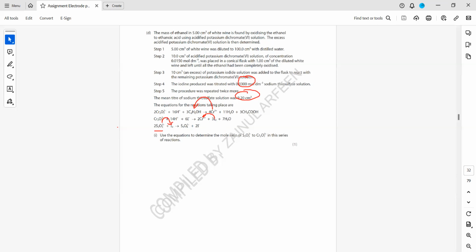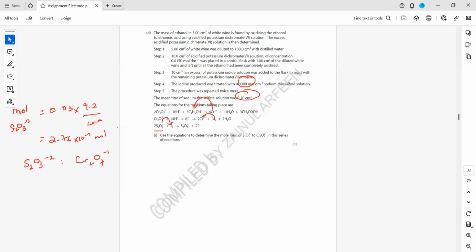First, we get the moles of thiosulfate, which is concentration 0.03 multiplied by the volume. The mean titre was 9.2 cm³. We divide by 1000. So we get 2.76 × 10⁻⁴ mol of thiosulfate. The ratio of thiosulfate to dichromate is 6:1.